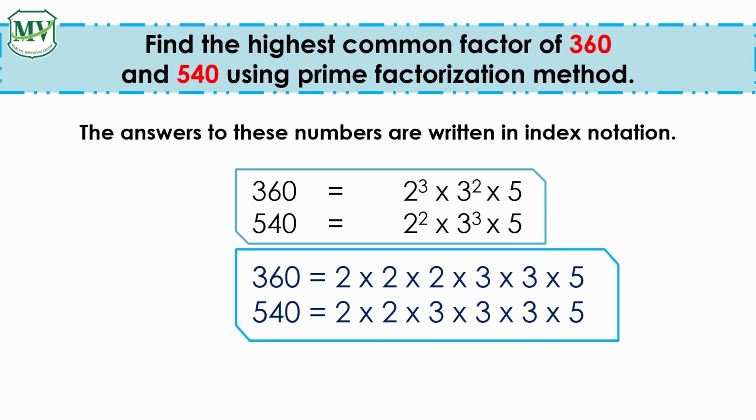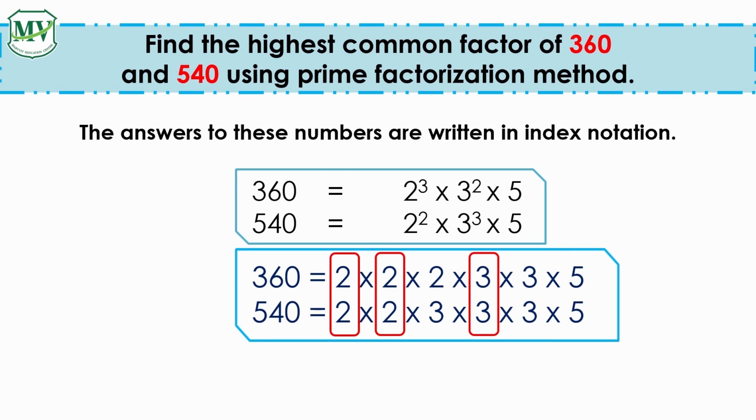So, factor 2 in 360 and factor 2 in 540 will be grouped together. Another factor of 2 in 360 and another factor of 2 in 540 will also be grouped together. Factor 3 in 360 and factor 3 in 540 will be grouped together.